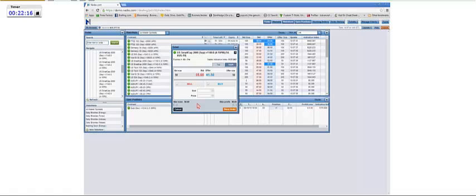Here's our order ticket. Right now we're trading below 1140, so we're in an option that's fairly cheap based on where the market's currently trading. Now, the probability that we'll close higher today is 73%.